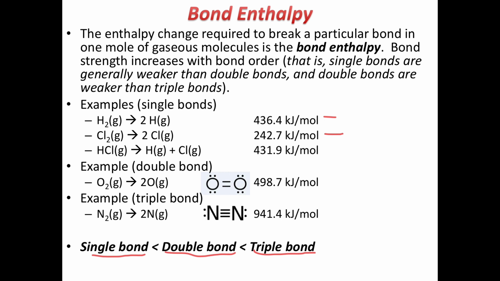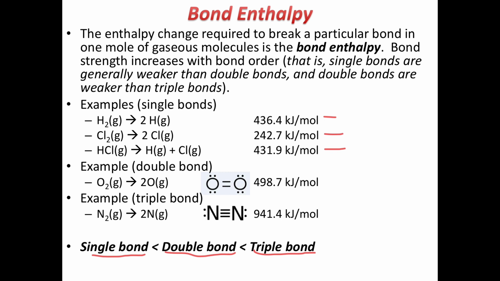The difference between these two has to do with the size of the atoms in the molecule. The bond distance in the hydrogen molecule is smaller than the bond distance in the chlorine molecule, making it harder to break. The single bond in HCl has an energy of 431.9 kilojoules per mole.